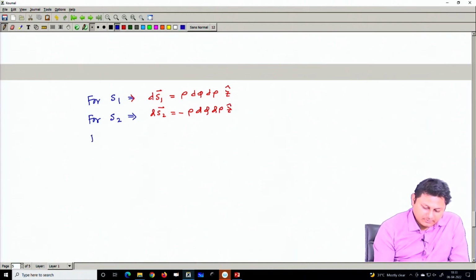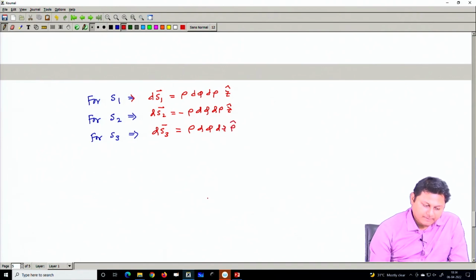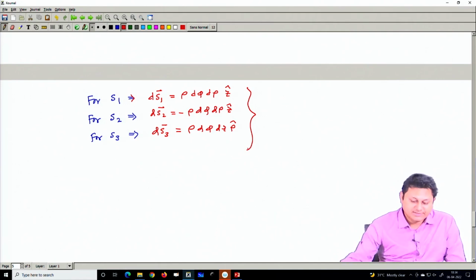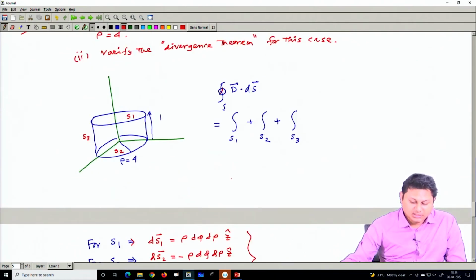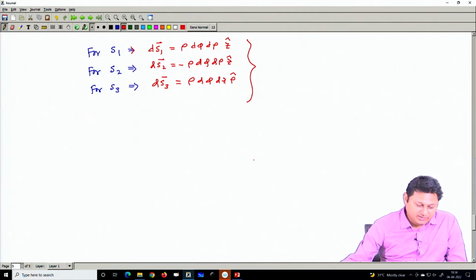And finally for S3 we have ds3, and that is rho d phi dz rho unit vector. These are the 3 surface elements of the cylinder. You should go back and check the surface element, and now I am going to execute the entire integral for this surface.